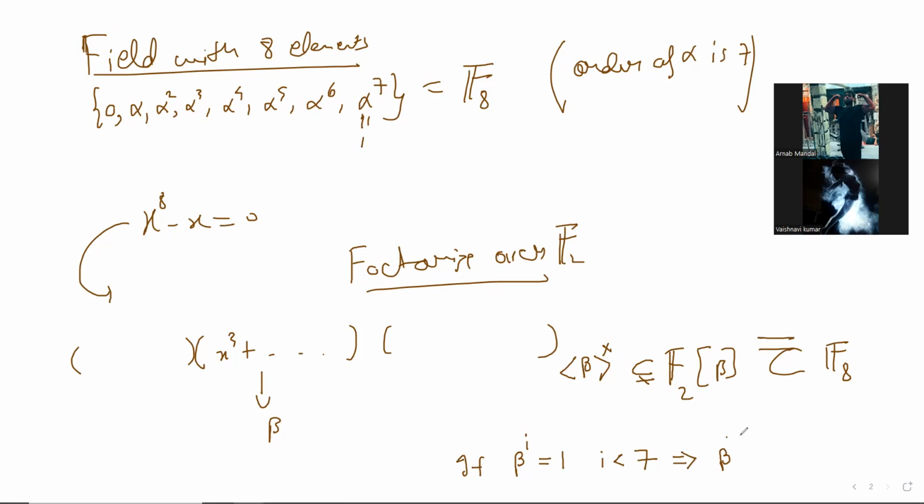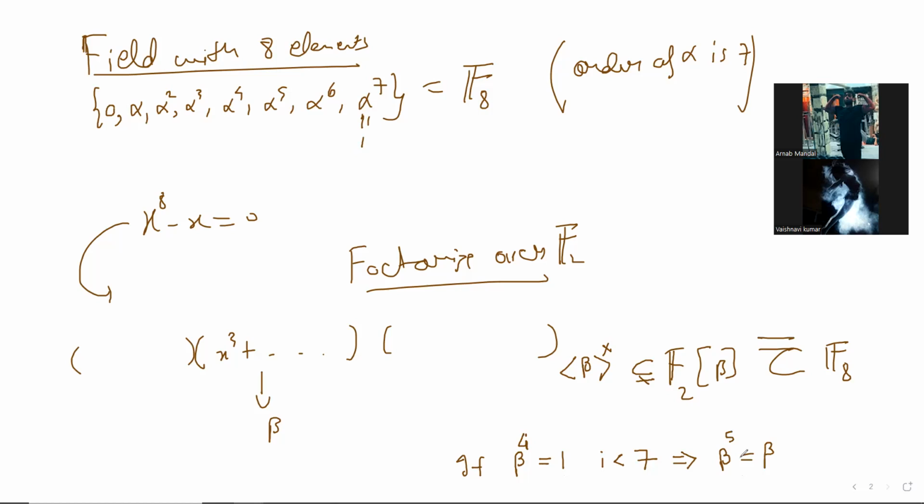Otherwise, it's not so clear. Let's take an example. If beta to the power 4 is equal to 1, how do you get a contradiction? You get beta to the power 5 is beta, but you will want something like beta to the 2 to the power something equal to beta.